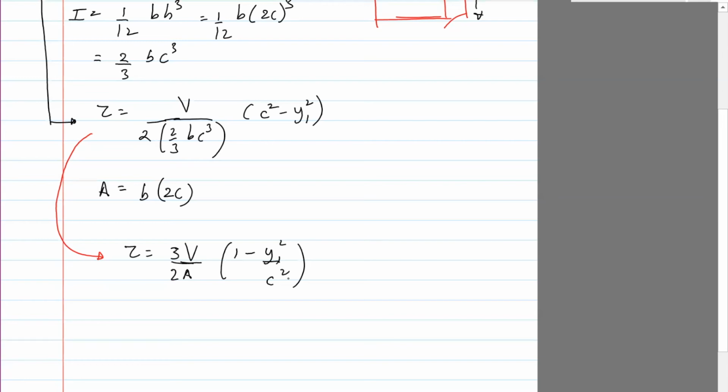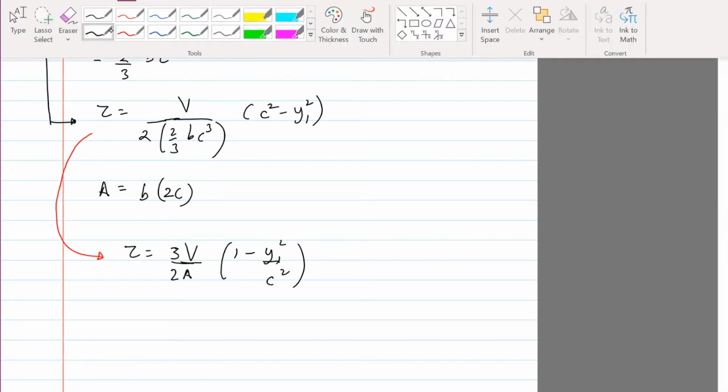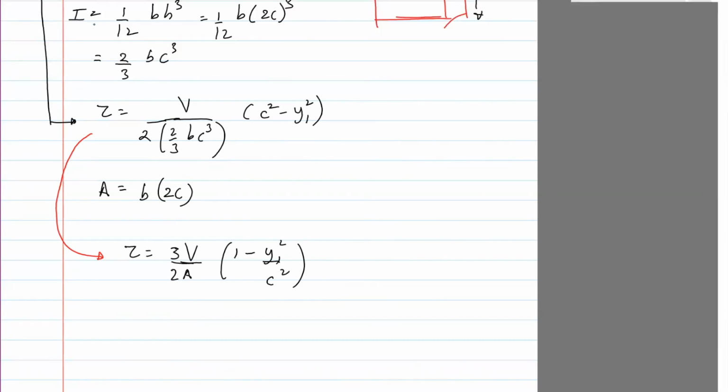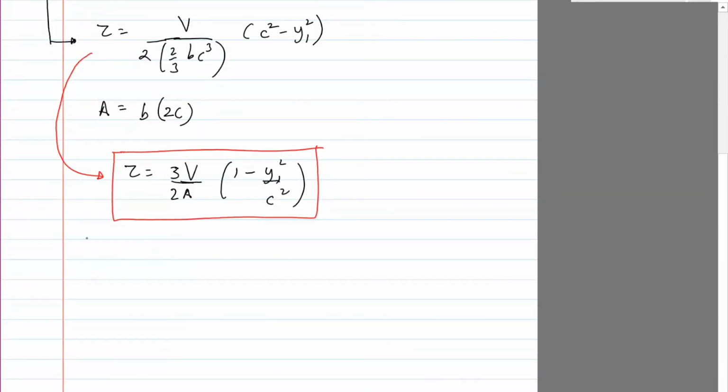Okay, so that is the formula for the shear stress in a rectangular beam as a function of the distance y1, which is the distance from the neutral axis. So now it's easy to see that the cross-section area is the same, it doesn't change, right?